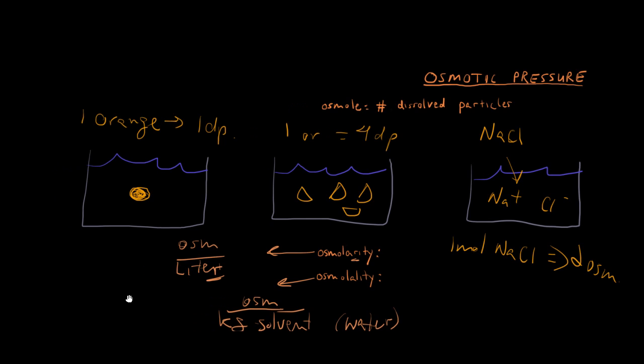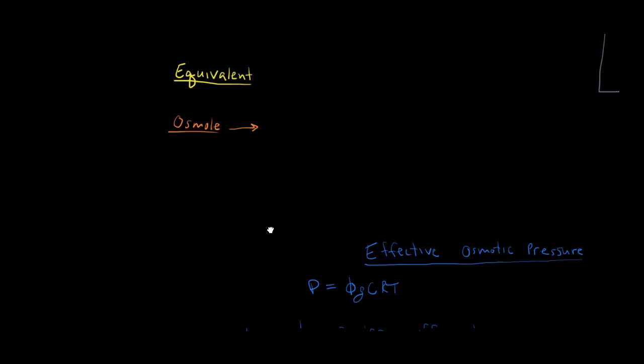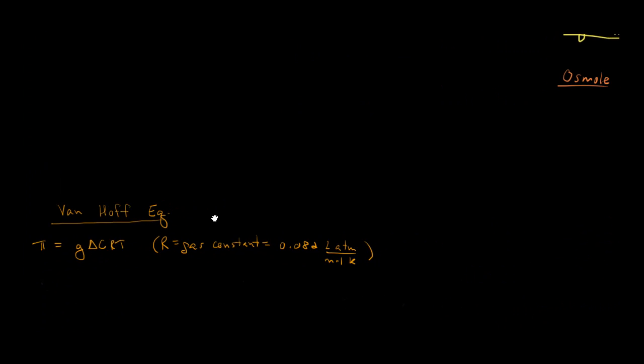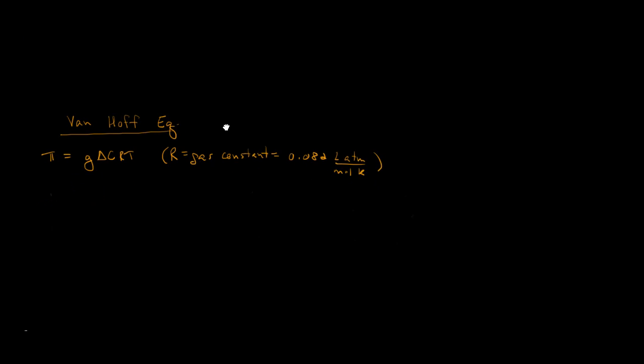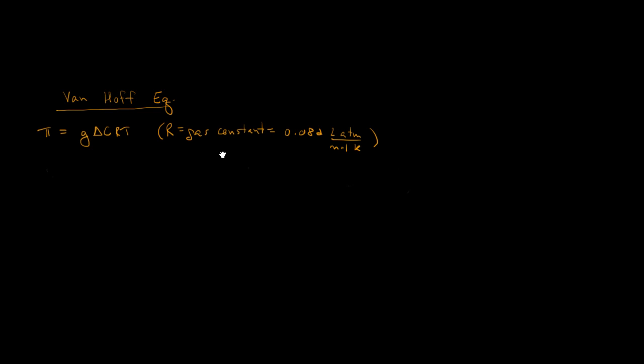So we're ready to talk about osmotic pressure, and it's really a meat and potatoes idea in much of physiology. So let's try to cook it well. And over here we have an equation called van 't Hoff's equation, and it really describes a linear relationship between osmolarity and osmotic pressure.